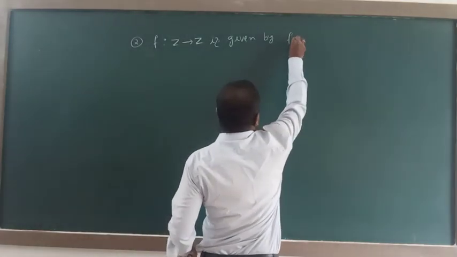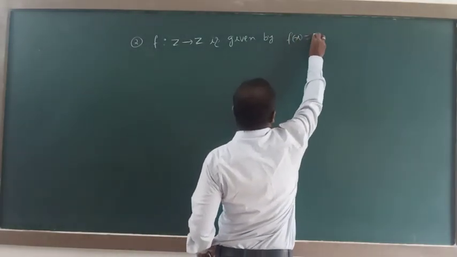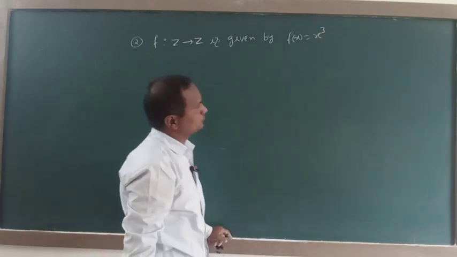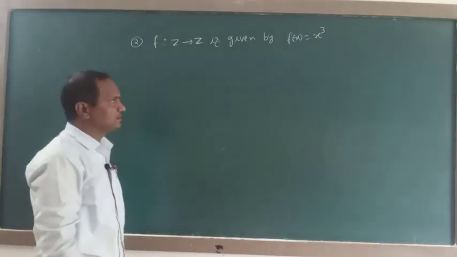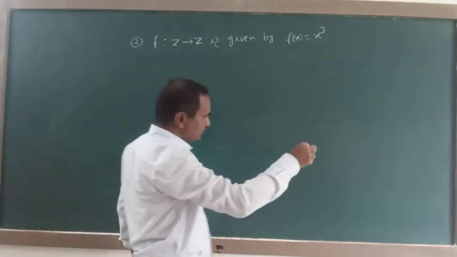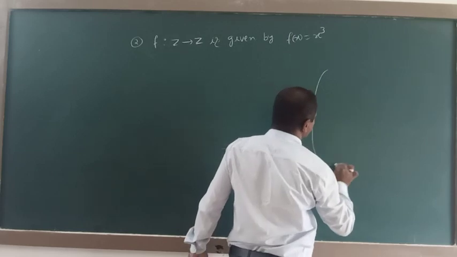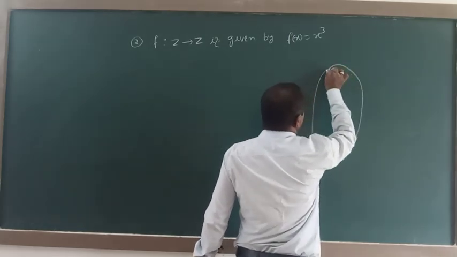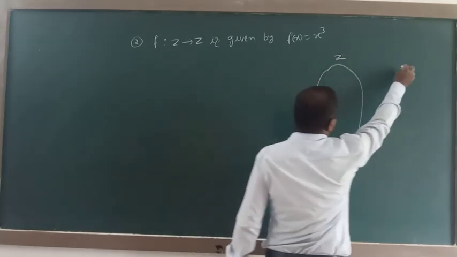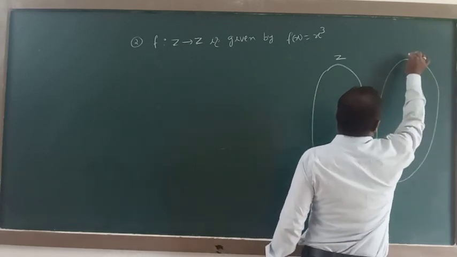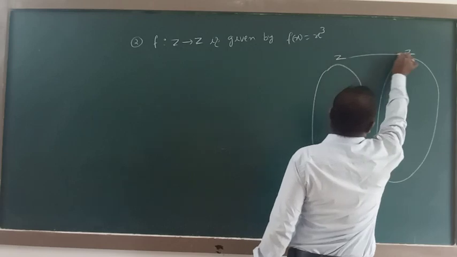Is it one-one or onto? Check about this. See, diagrammatically first you have to check this. It is Z, here also Z. Z to Z is f.